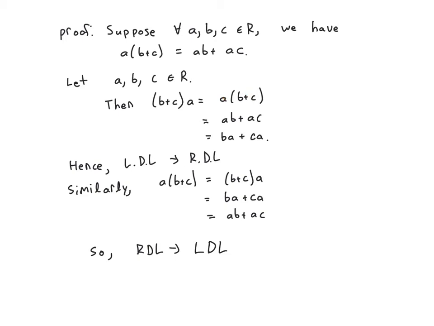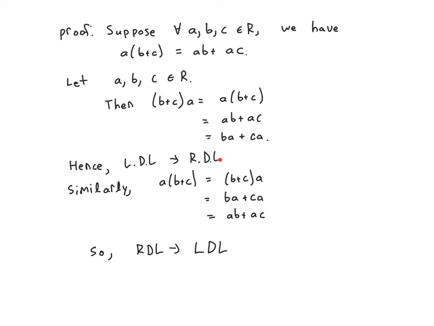Now I can distribute because I'm assuming left distributivity. And now I can commute each factor. And voila, I see that this is exactly what happens if I were to distribute the A. So I see that if I assume left distributivity and commutativity of multiplication, I can prove the right distributive law.